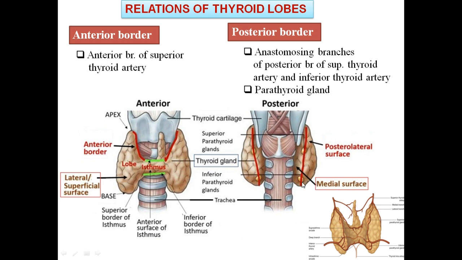These are very small glands which are seen in the posterior border, and this posterior border is related with the anastomosing branches of the posterior branches of the superior thyroid artery and branches of the inferior thyroid artery. You can see this image very clearly.